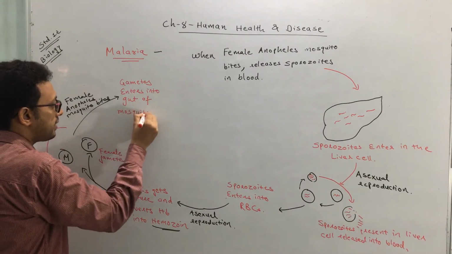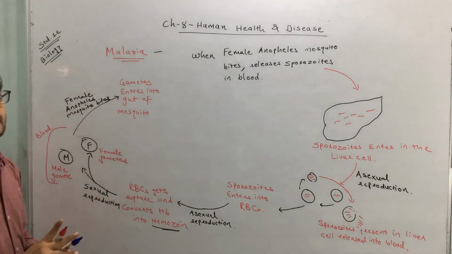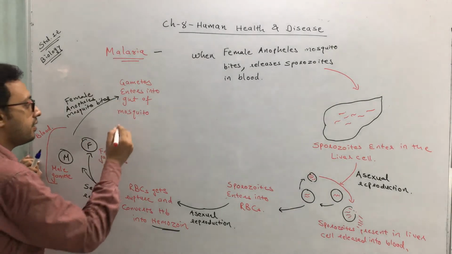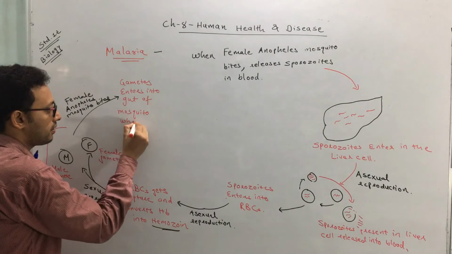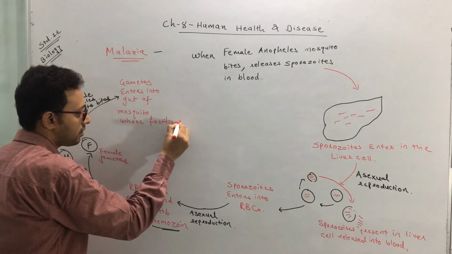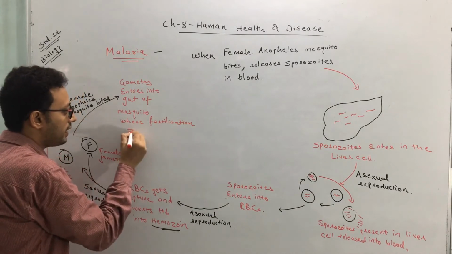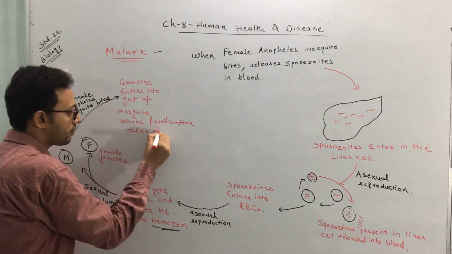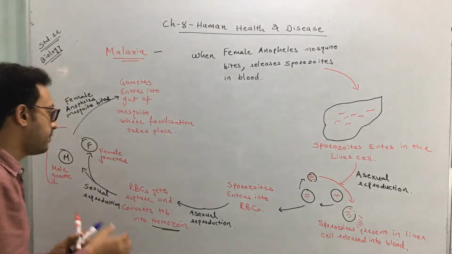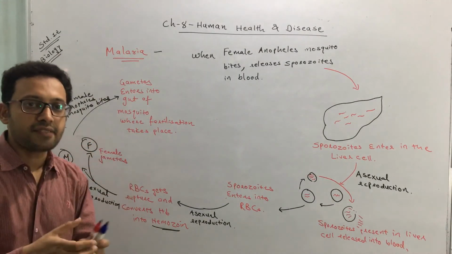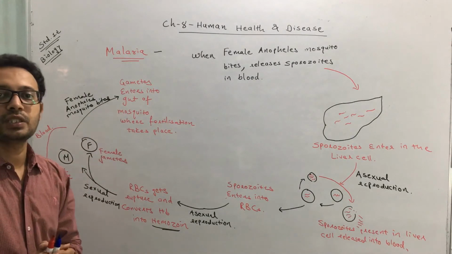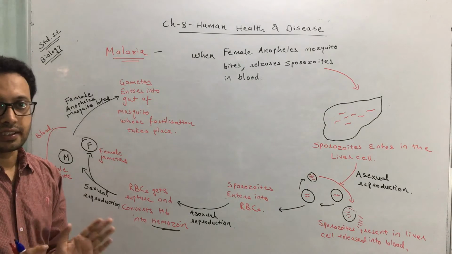The gametes enter into the gut of the mosquito, where fertilization takes place. You know the meaning of fertilization: it means a fusion of male and female gamete. So the fusion of male and female gamete takes place in the gut of the mosquito. Clear?